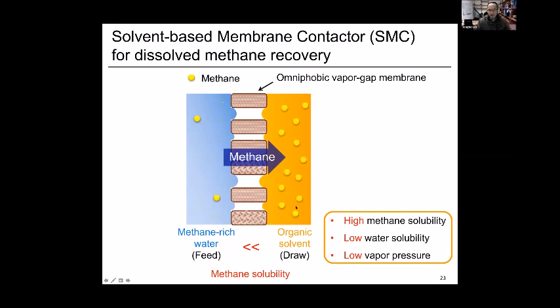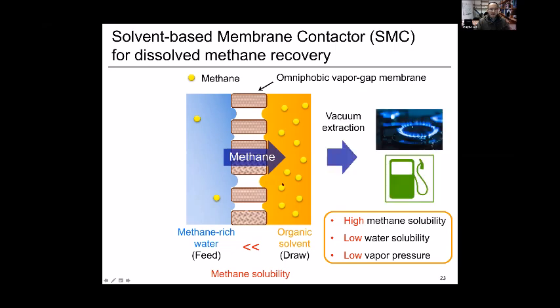At the same time, because this solvent has very low water solubility, there is no water flux across the membrane. Then at the second stage of the separation, such as vacuum extraction, the extracted methane can be further recovered as fuel.